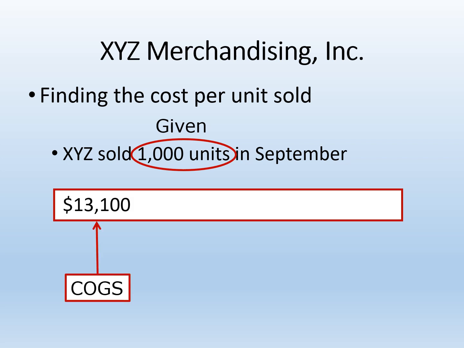So all we have to do is take the cost of goods sold, divide by the total number of units sold, and that tells us the average cost per unit. Of course, if this was a real firm, it might have very detailed information about different kinds of merchandise, and it would want to compute the cost per unit for each different category of merchandise.